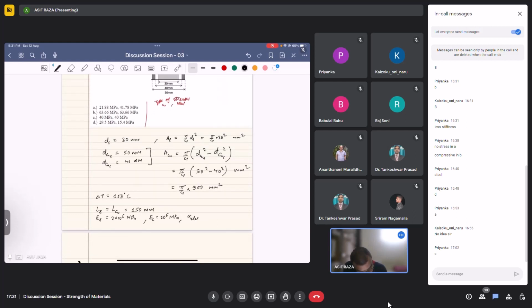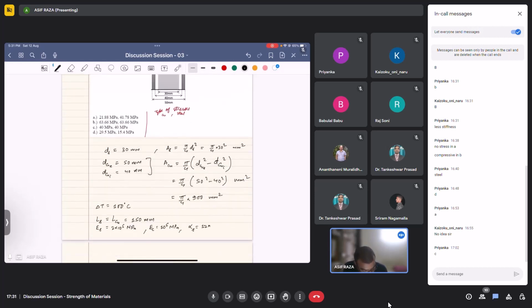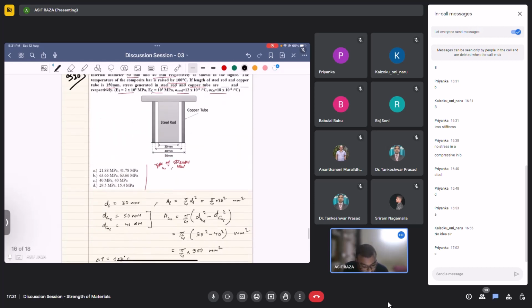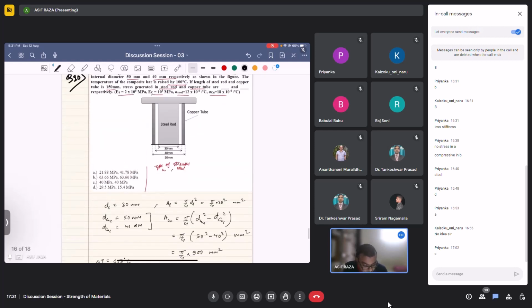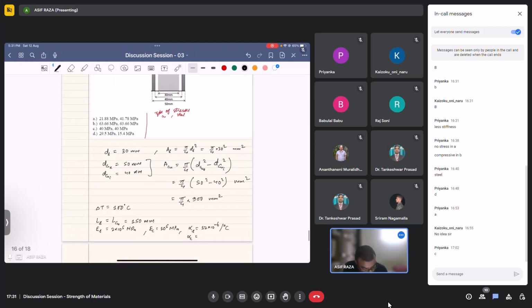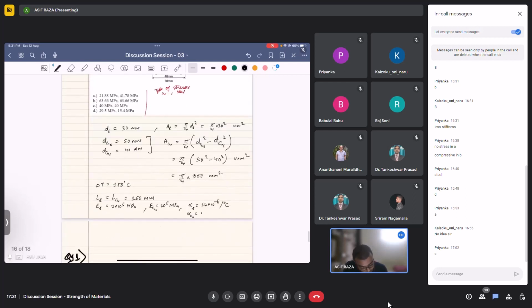Let's write alpha S as 12 into 10 to the power minus 6 per degree Celsius, and alpha C as 18 into 10 to the power minus 6 per degree Celsius.